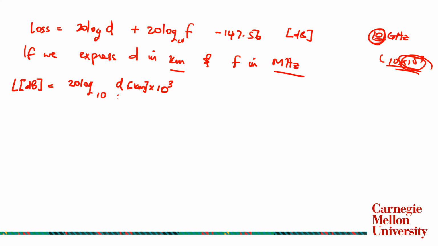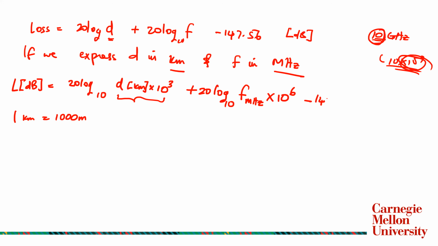This term is equivalent to D in meters, because 1 kilometer is equal to 1,000 meters. So if I express my D in kilometers, I must multiply by 1,000. It also goes for frequency: 20 log 10 of F in megahertz must be accompanied by 10 to the power 6.